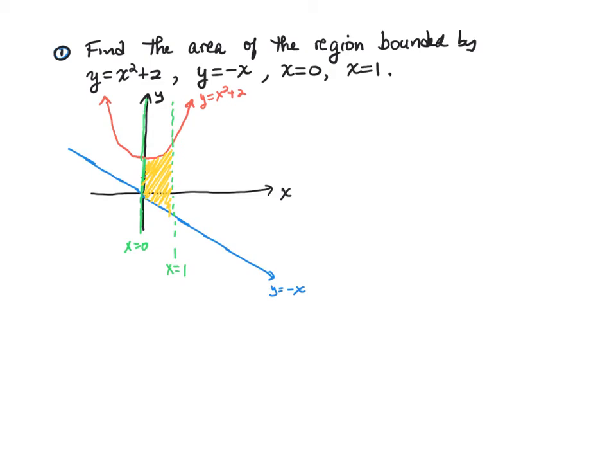So we set up our integral. But before we do that, we imagine a rectangle in the region. So we imagine this rectangle in the region, and we draw this little vertical rectangle.